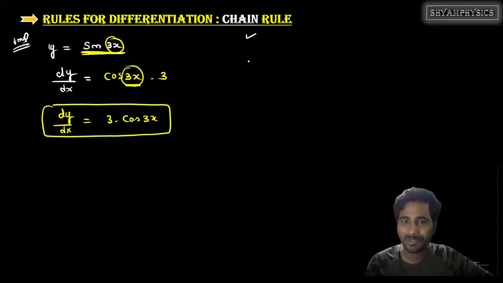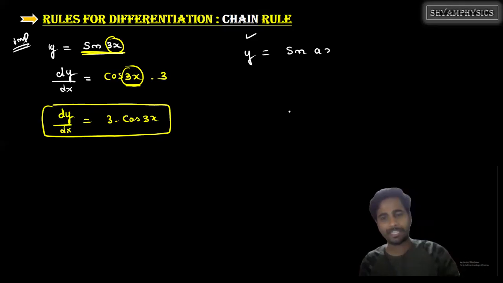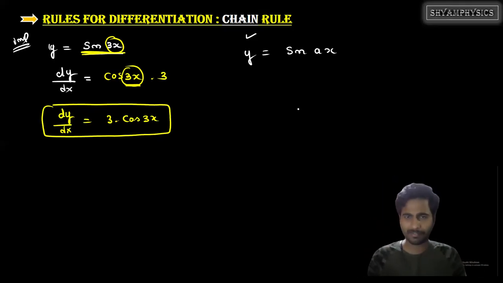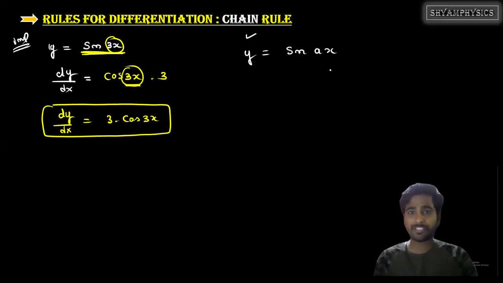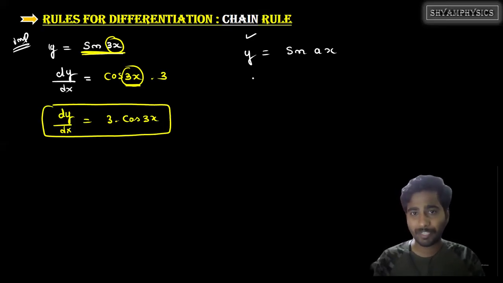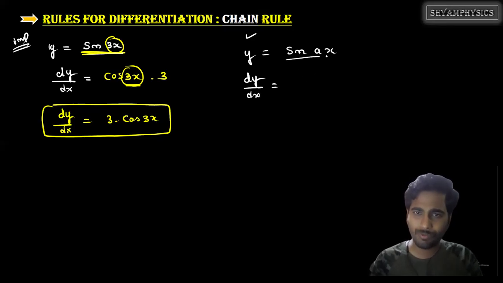Okay, one more question. y is equal to, I will write sin ax. Again, we'll practice this one. First, what do we need to do here? Differentiate this function with respect to x, I told. dy by dx. The whole function we need to differentiate.